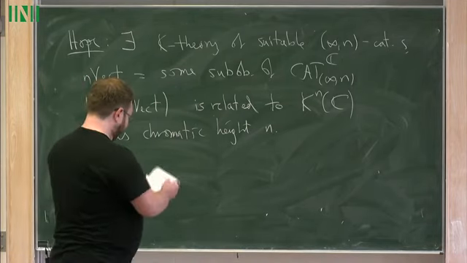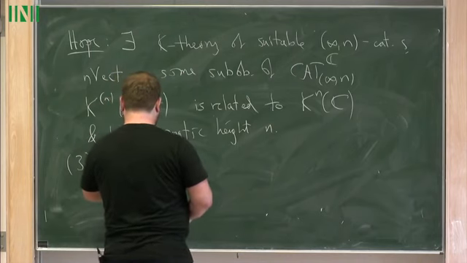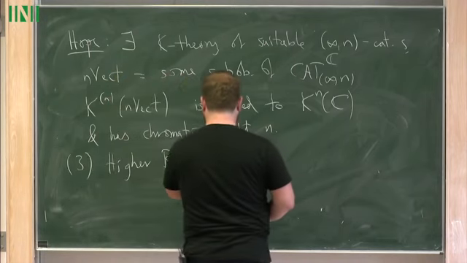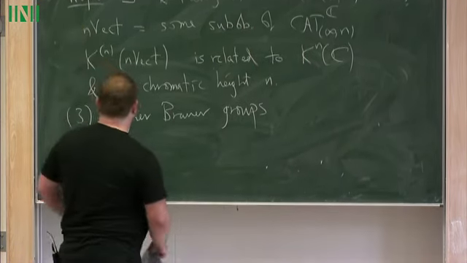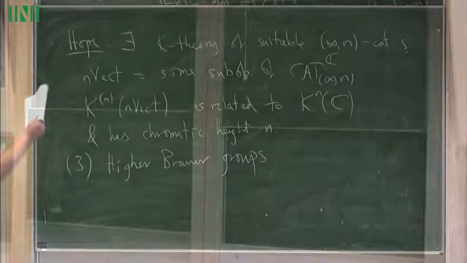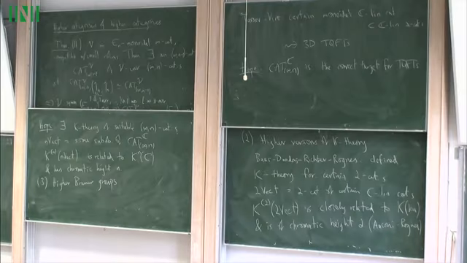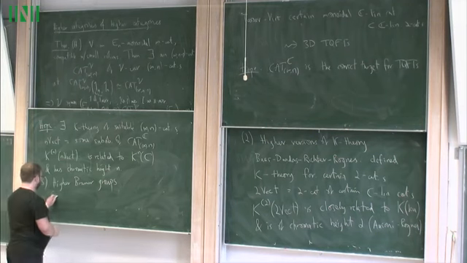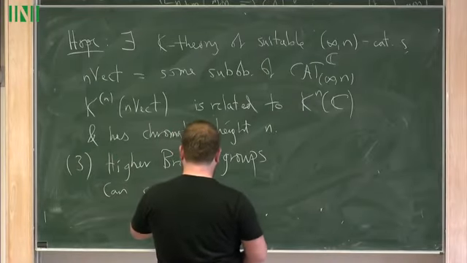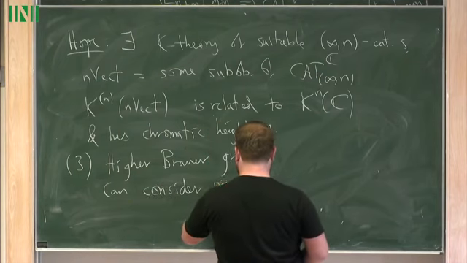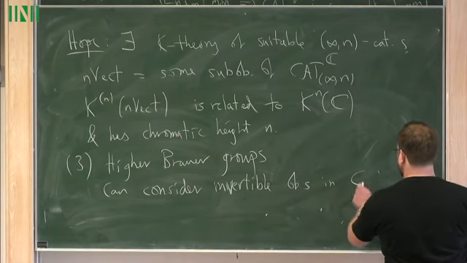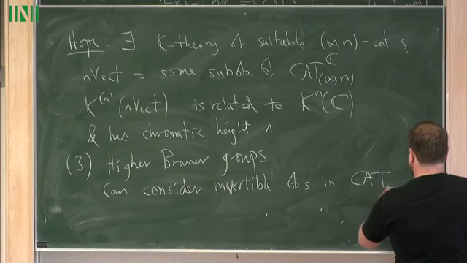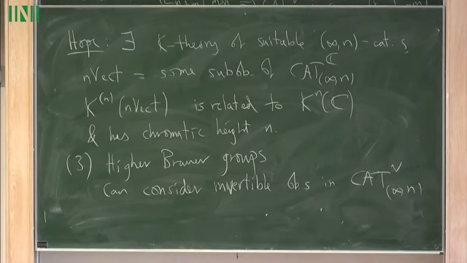And the third speculation that I want to make is in the context of higher Brauer groups. So inside of this infinity n category of Cat infinity n V, we can consider the invertible objects in V. So just the objects where there exists some other object such that if you tensor them together you get the unit.